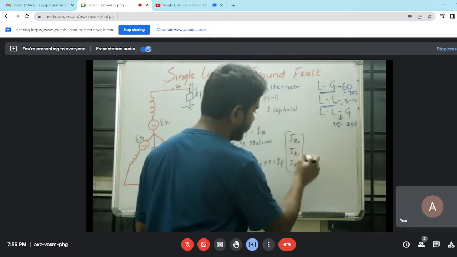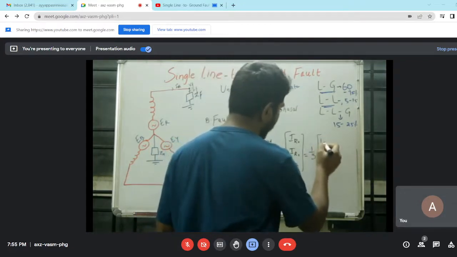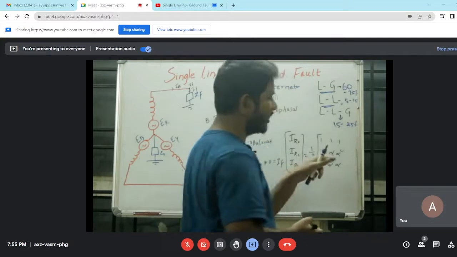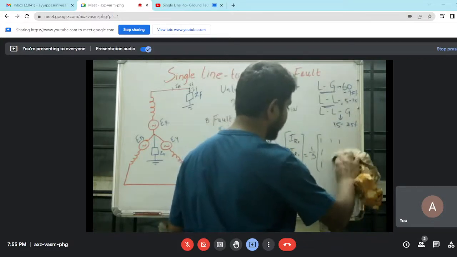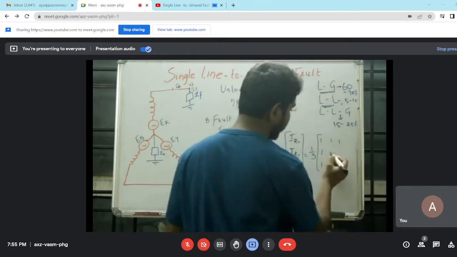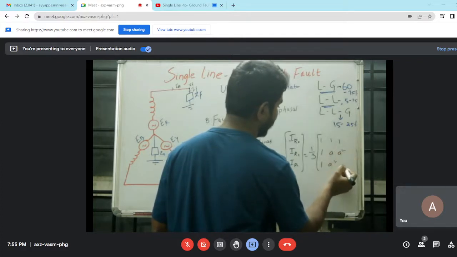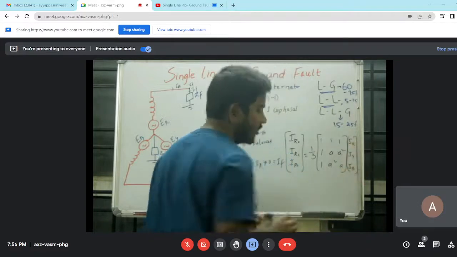If you put them in a matrix, we have 1 by 3 times the matrix with rows 1 1 1, 1 alpha alpha square, 1 alpha square alpha, or you can simply write it as A: 1, A square, 1, A square, A, and here we have IR, IY and IB. This will be the other matrix.